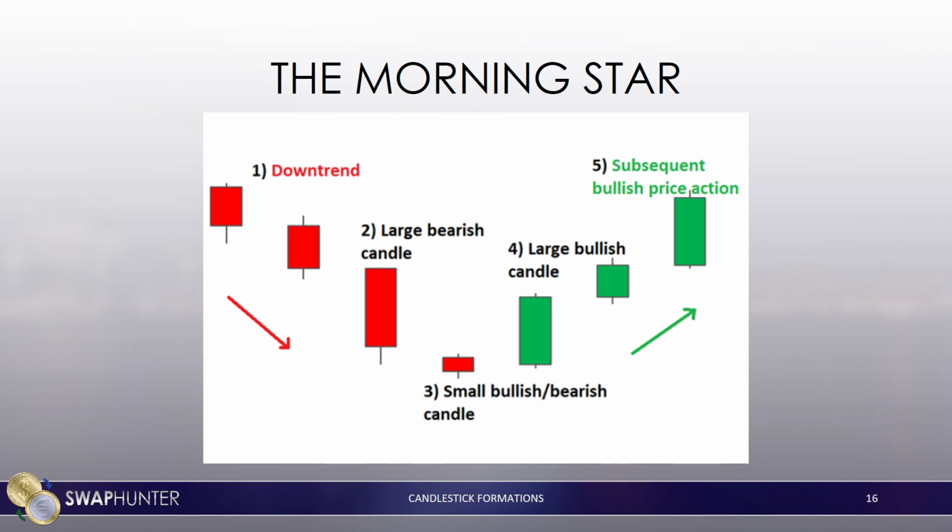All of these bullish patterns that we're going through tonight appear at the bottom of a downtrend, because the idea, obviously, is that you're looking for bullish signals to buy. You want an asset to be oversold, you want to identify this downtrend, and that's the case for all of the patterns we're going through tonight.